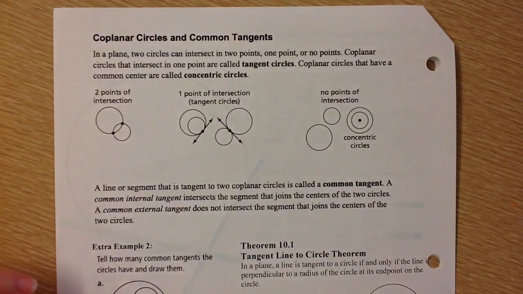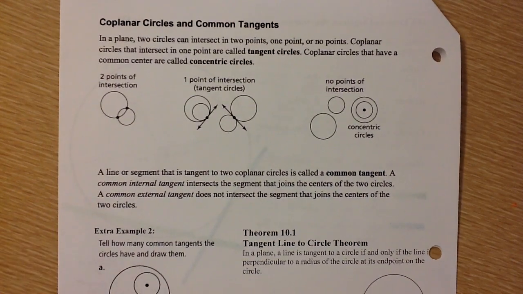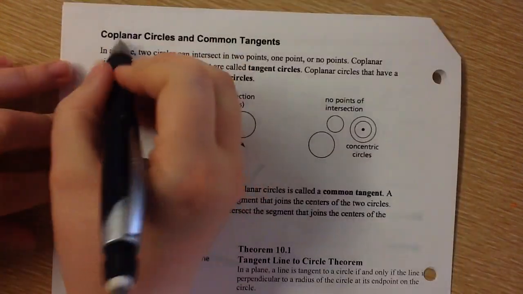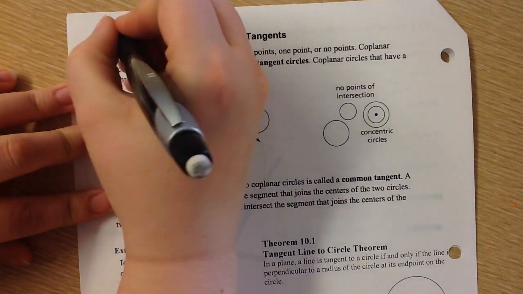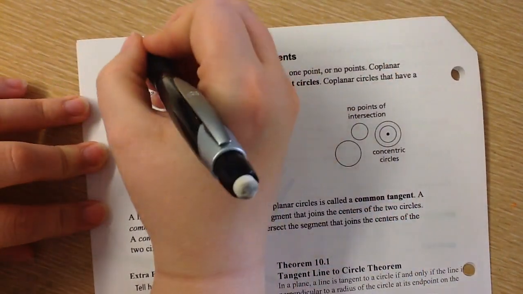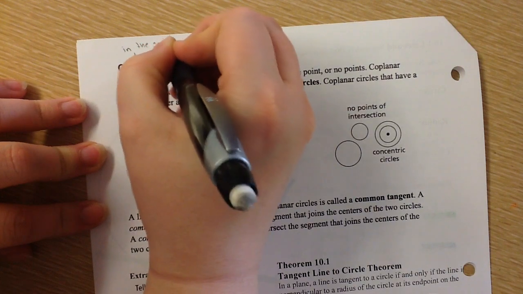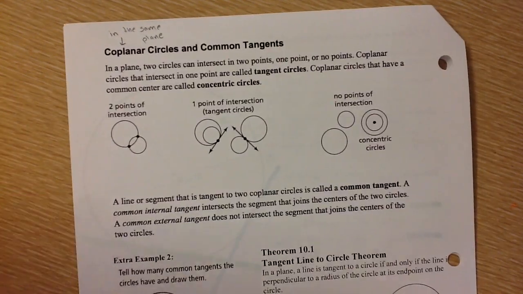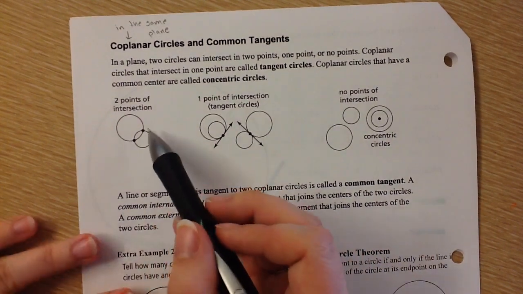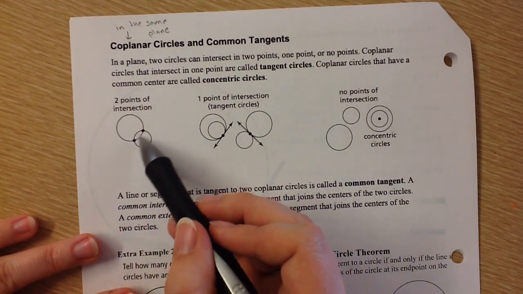All right. So now we have a little bit more vocabulary. Coplanar circles. Those circles are in the same plane. Again, all coplanar means is in the same plane. If I have two circles in the same plane, okay, the two circles could intersect each other at 2 points.